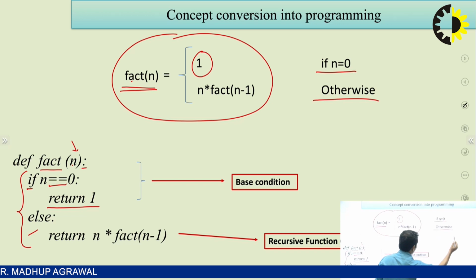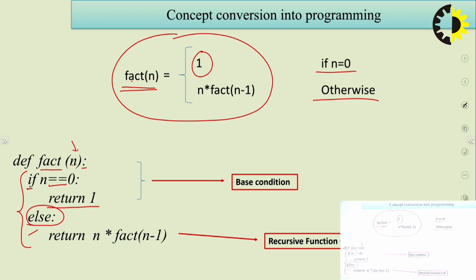Otherwise, in the else part, return n into fact(n minus 1). Here fact is the name of the function and the parameter is n minus 1. This is the recursive function call, because fact is calling itself.